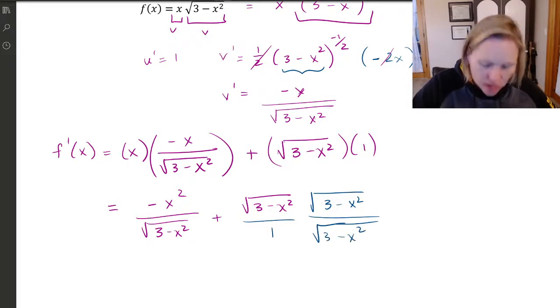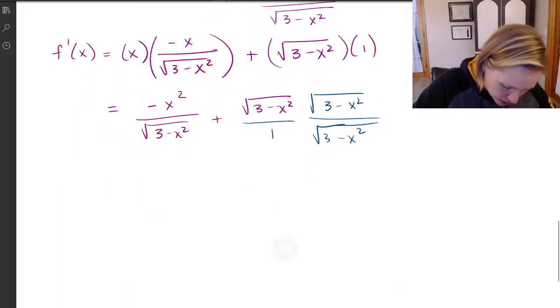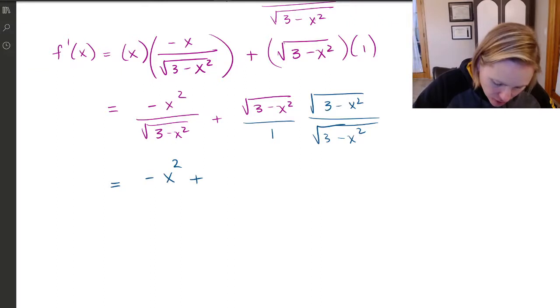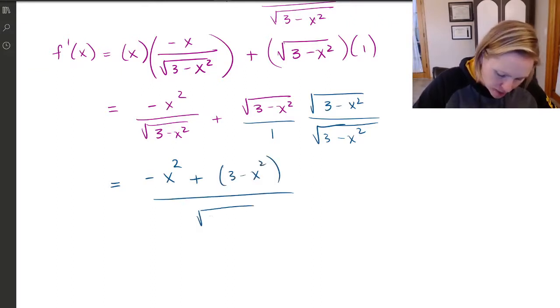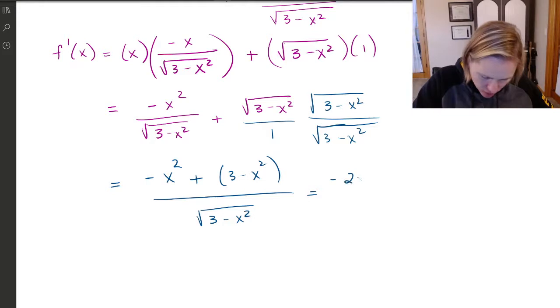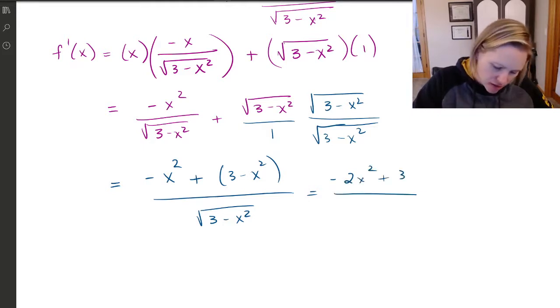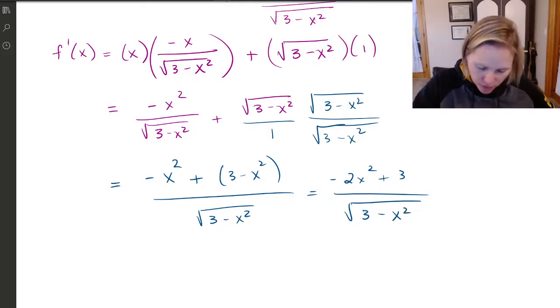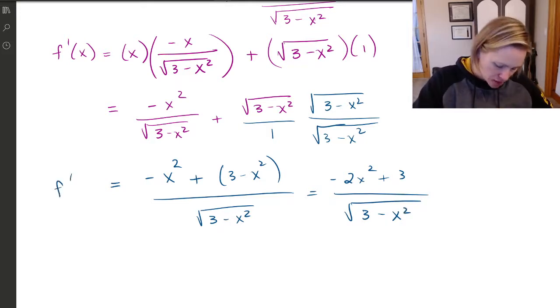What that's going to do is, in the numerator, the square roots will cancel each other out and we'll end up with negative x squared plus 3 minus x squared, all over that common denominator. Now when I clean this up some more, I'll get negative 2x squared plus 3. Lots of algebra. So this is my derivative.